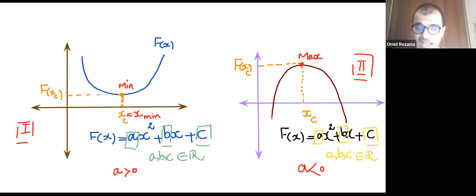Then you can have this conclusion for yourself: for a quadratic function, when the leading coefficient, which is a, is negative, then the critical value of x is also the x maximum.